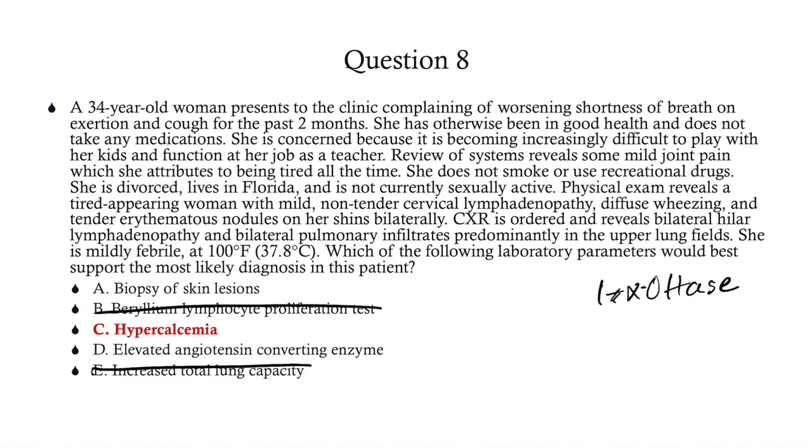Now, another thing that this could be is potentially a fungal lung infection. But the problem is she doesn't really live in one of those areas where you're going to be exposed to a fungal lung infection. So we think of maybe something like histoplasmosis kind of in the southern central United States.